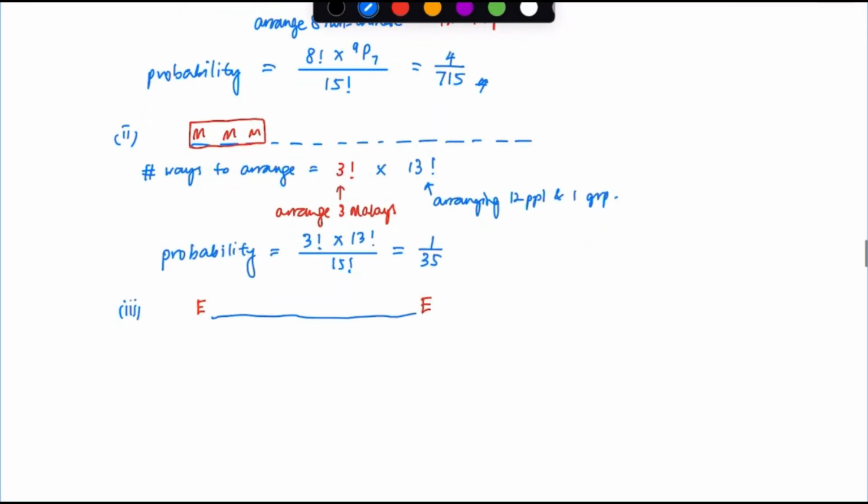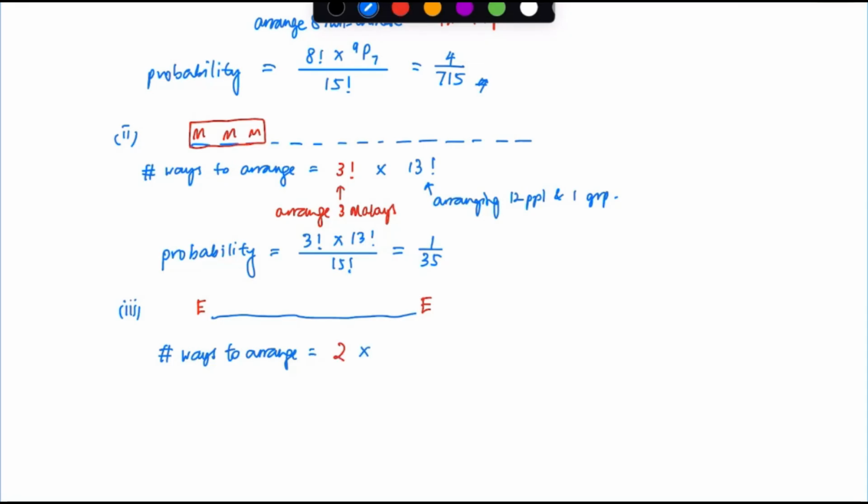Okay, so now how many ways do we arrange this? First, let's arrange the 2 Eurasian people first. How many Eurasians do we have? We have 3 people, and we are arranging them in 2 slots. So this is 3 choose 2 times 2, since there are only 2 arrangements of the 2 Eurasians, so 2 times.